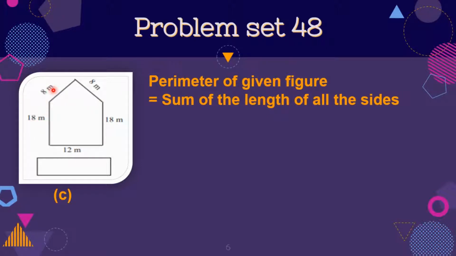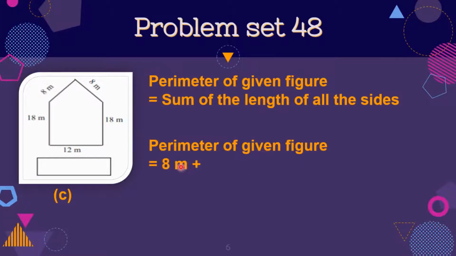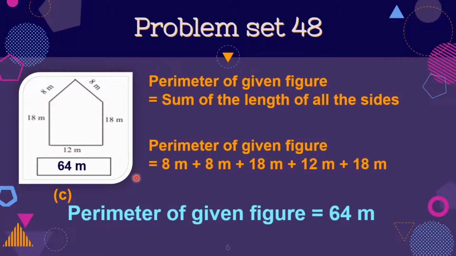So let us add length of all the sides of this figure to get its perimeter. So we write perimeter of given figure is equal to 8 meter plus 8 meter plus 18 meter plus 12 meter plus 18 meter. After adding the length of all the sides of this given figure, we get the perimeter of given figure is equal to 64 meters.